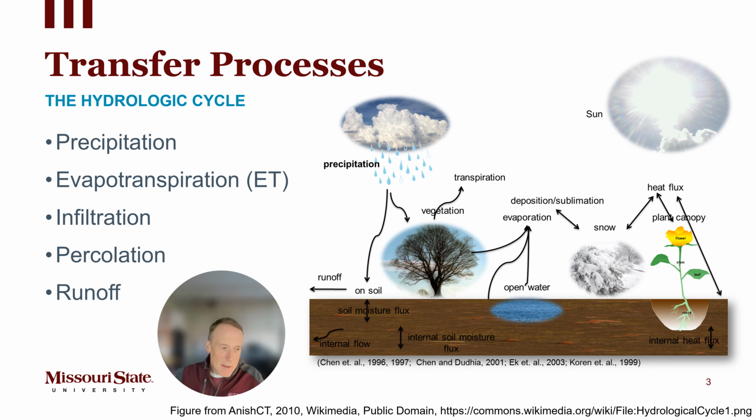Evapotranspiration. This is the combination of any water that gets evaporated or transpired. So right now when I'm talking and breathing, there's actually water vapor in my breath that comes out, so I'm transpiring. I drank water earlier, and right now, just sitting here, I'm talking and breathing and sweating and things like that.